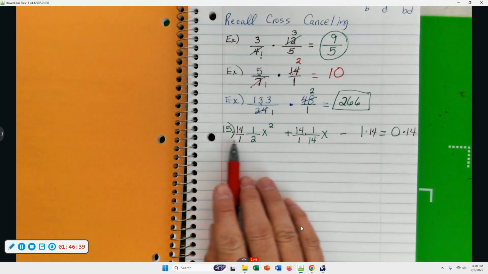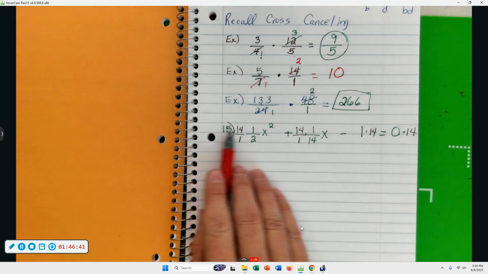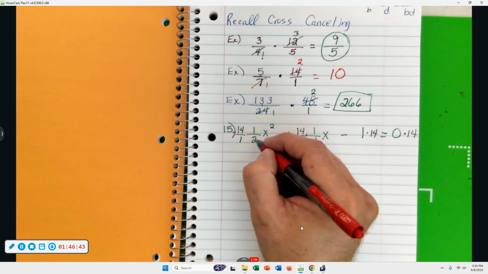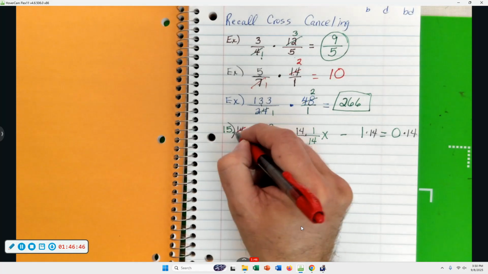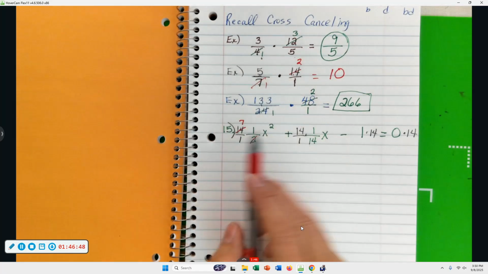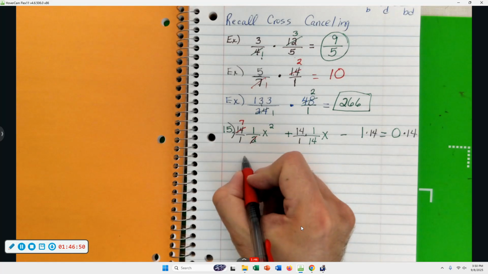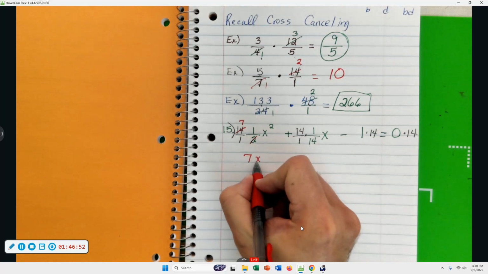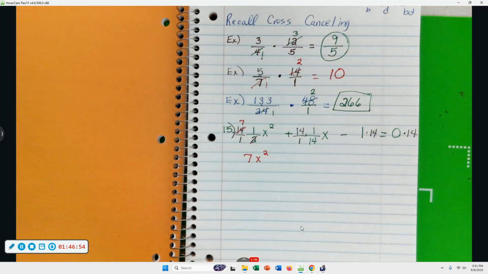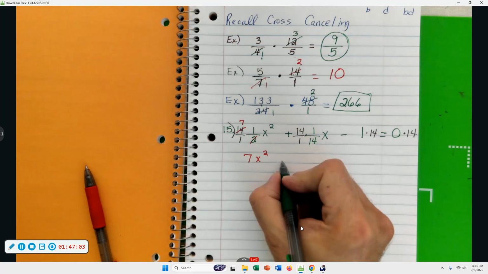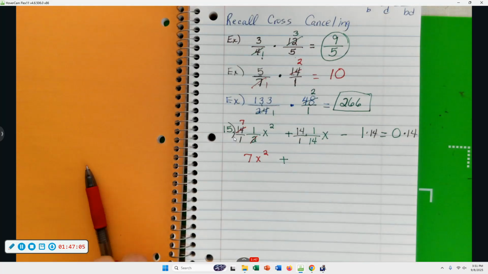So what am I going to get now when I multiply straight through by 14? 2 goes into 14 7 times. 7 times 1. Look at this. Isn't the equation already looking better? Instead of the 1/2 x squared, I have 7x squared. Then plus. What's about to cancel here?